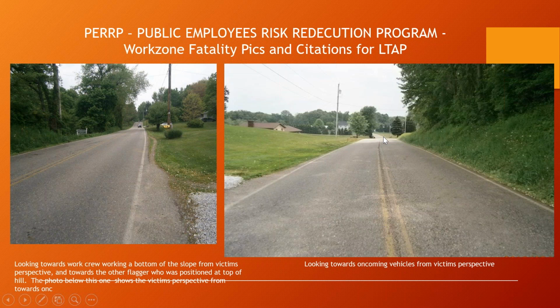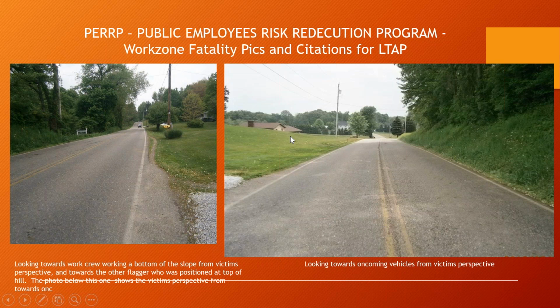So you really can't see what's beyond that dip. The sight distance isn't there. So if you have people working at the bottom of this dip, this car traveling 55 or 60 miles an hour down this road has no idea that there's workers there. And that's what happened in this particular fatal crash.